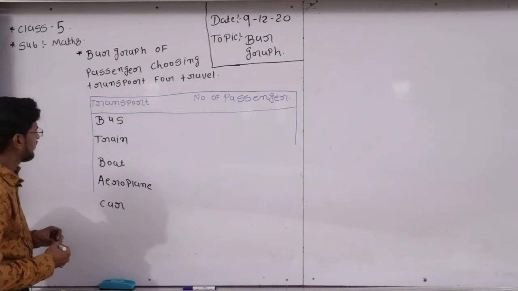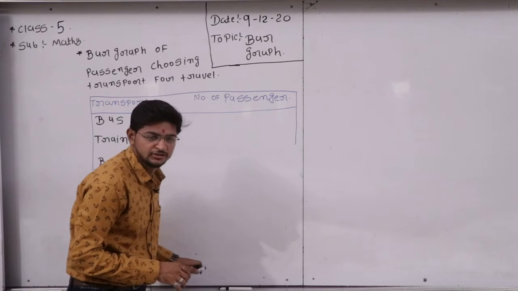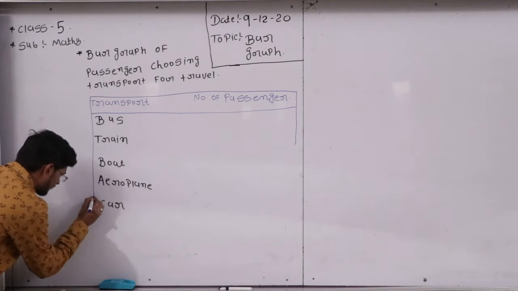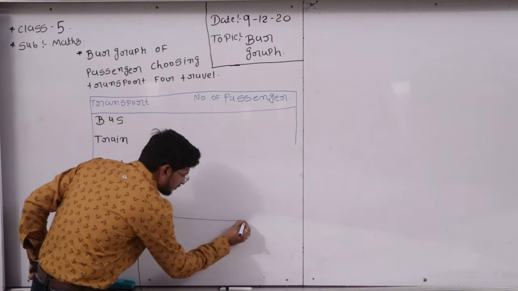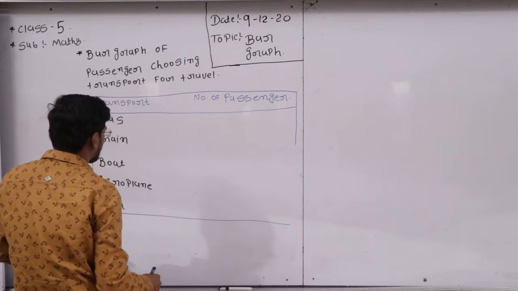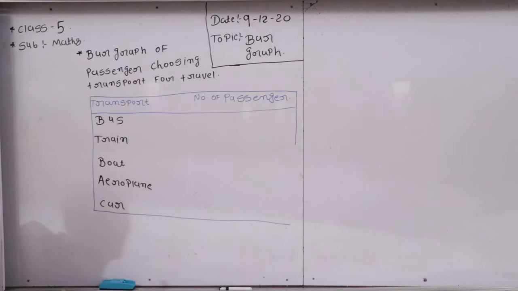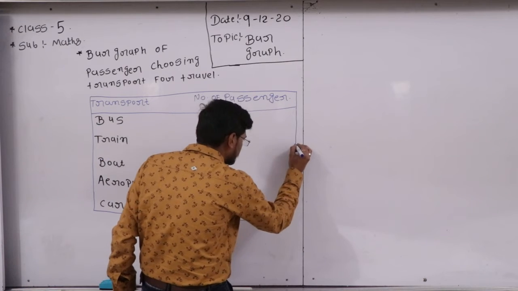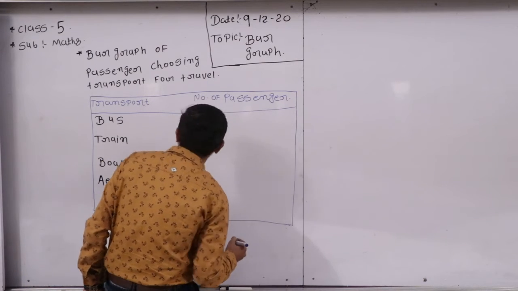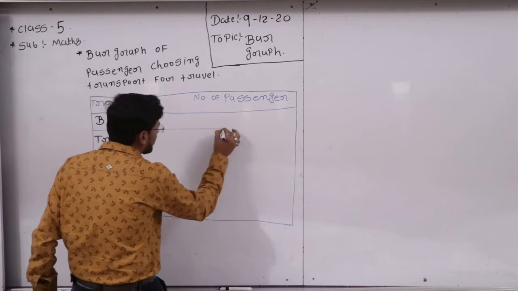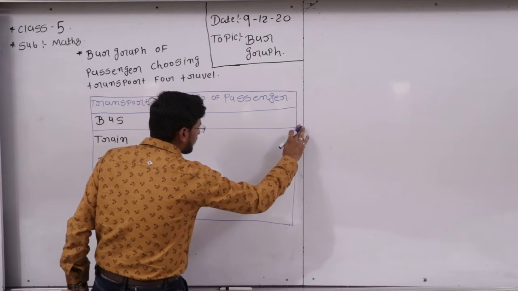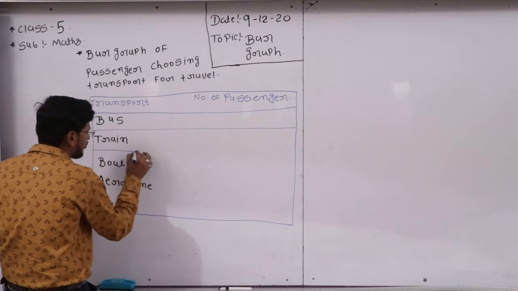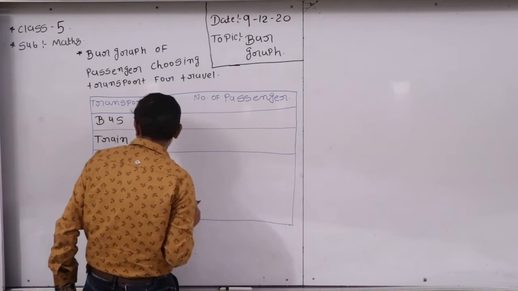We take here 5 categories of transport. So these are our 5 categories of transport that passengers choose to travel from one place to another place.